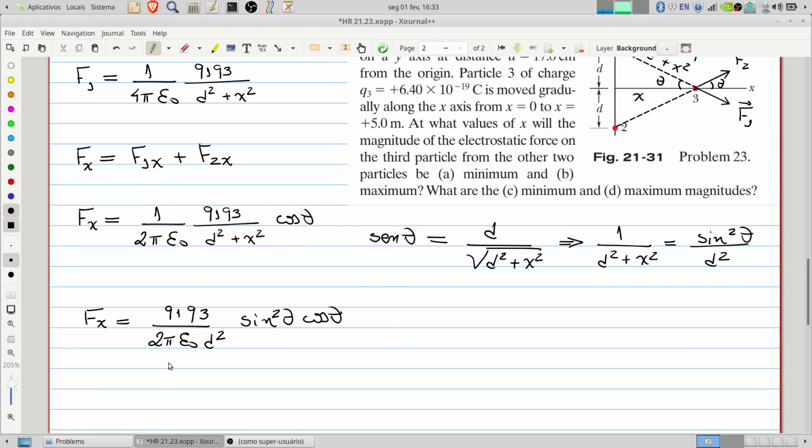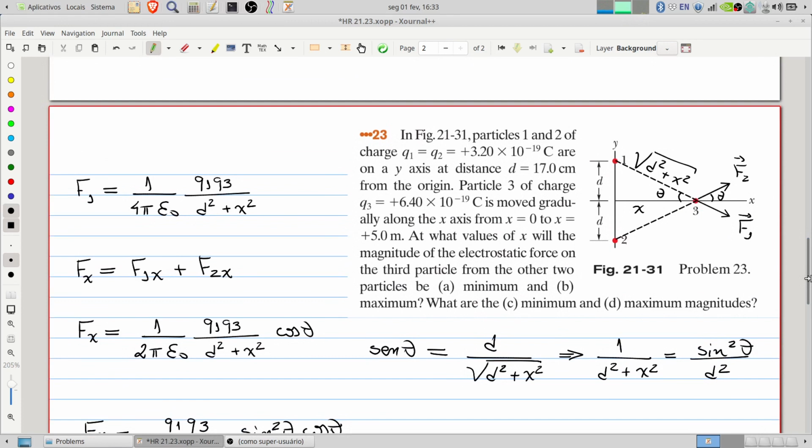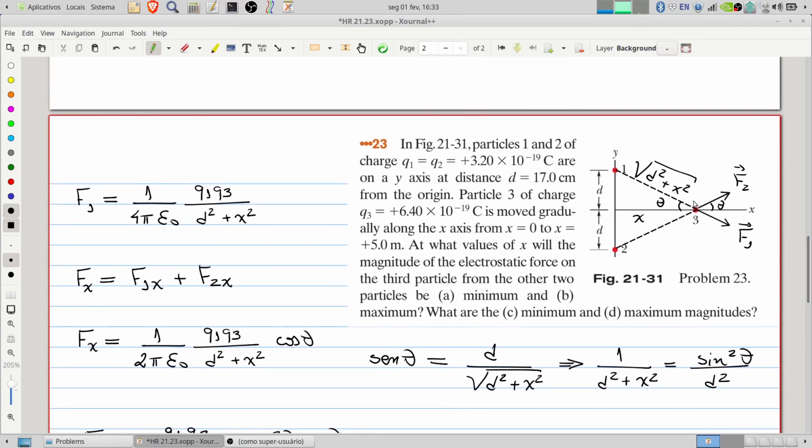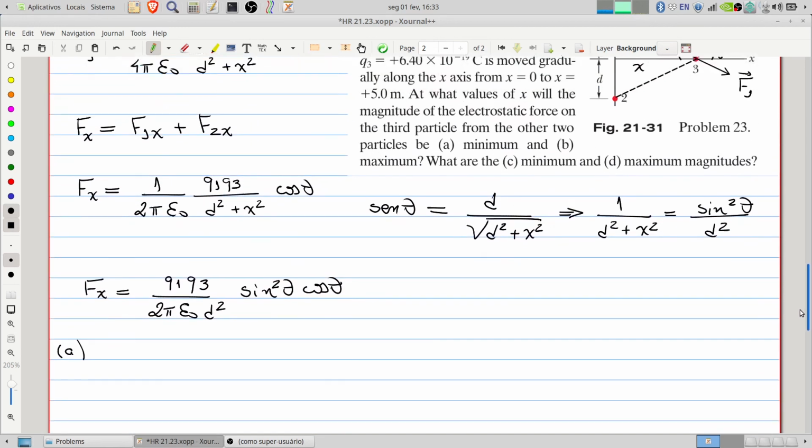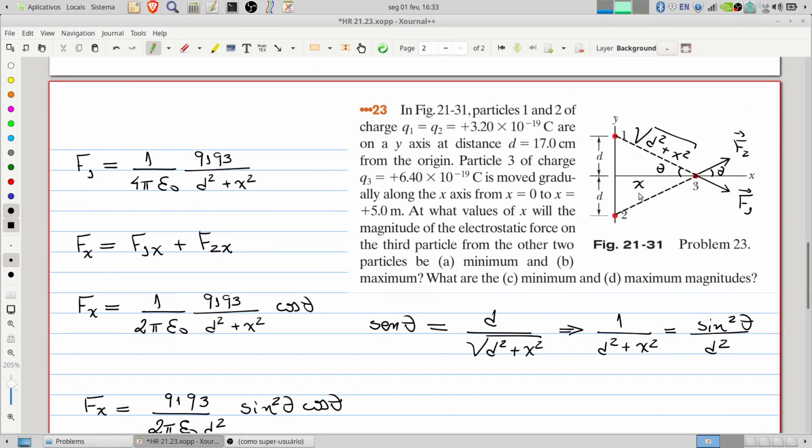And we want to find the maximum of this equation. As I already mentioned, the vertical components of the force will cancel each other. So for the minimum value of the force, it's not necessary to do anything, it's only to look at the problem.